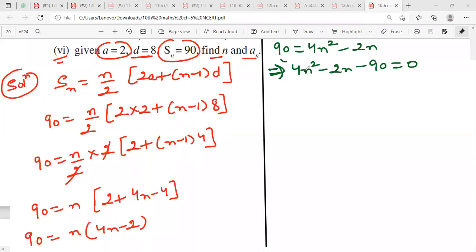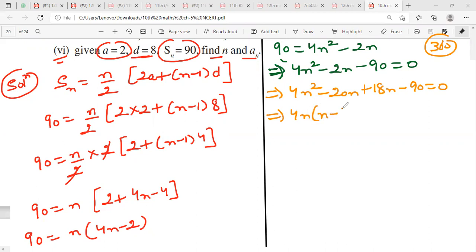Now 9 4s are 36, that is 360. So we have to make factors of 360 such that minus 2 comes. So we can write it as 4n square minus 20n plus 18n minus 90 equal to 0. Now from the first two terms we can take 4n as a common term; within bracket it will be n minus 5. And from the last two terms we can take 18 common; within bracket we will have n minus 5.